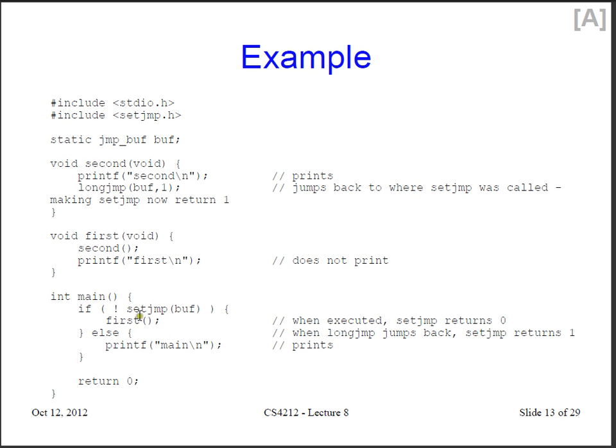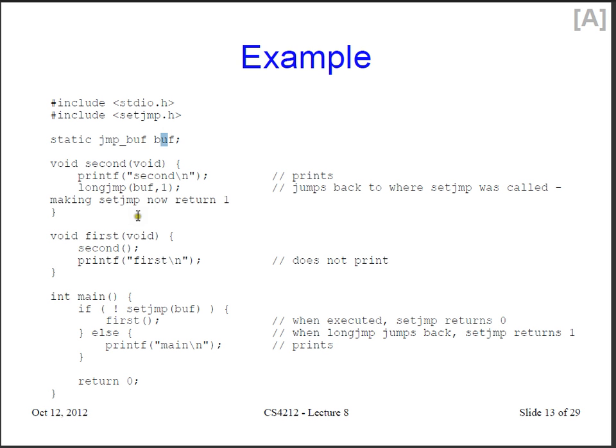So remember, first we go here, call second. In second, we perform this print just to remember where we are, and then we perform a longjmp with a value of 1 here. So longjmp does what? It restores whatever was saved here. So while inside the longjmp, this is restored.